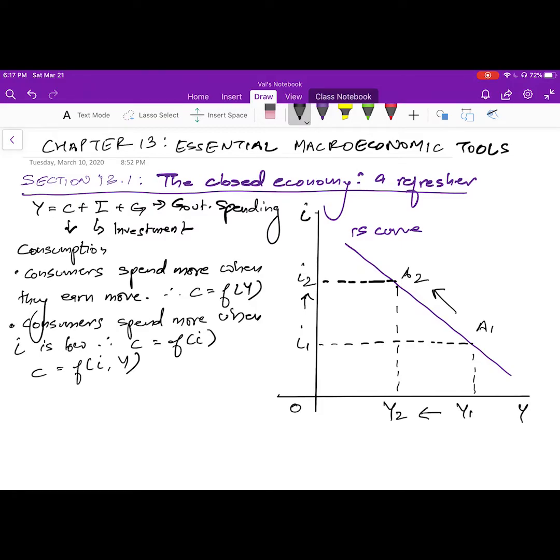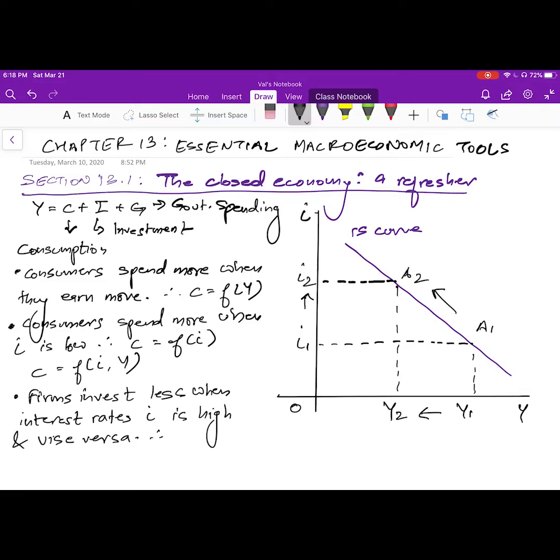On the other hand, let's look at the second piece of the output function. Firms invest less when the interest rate is high, and vice versa. So investment is a function of interest rate.